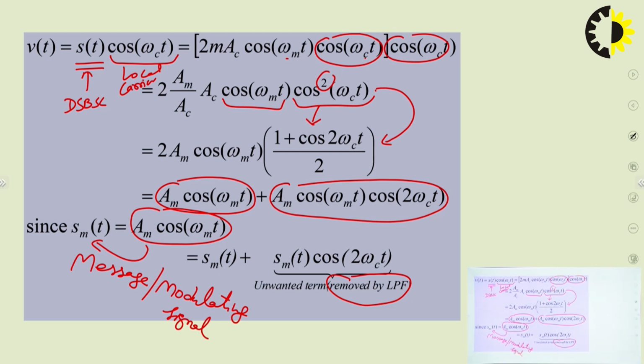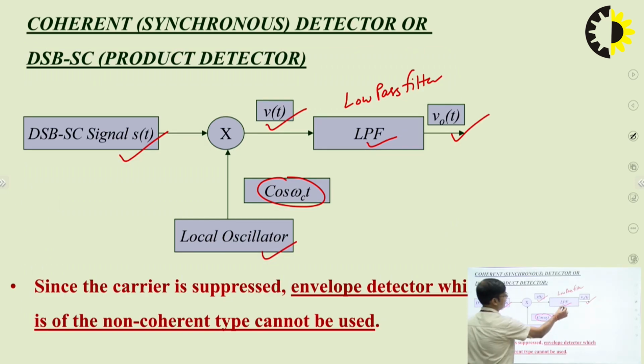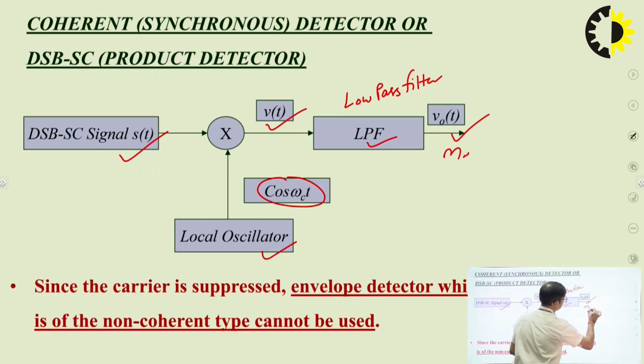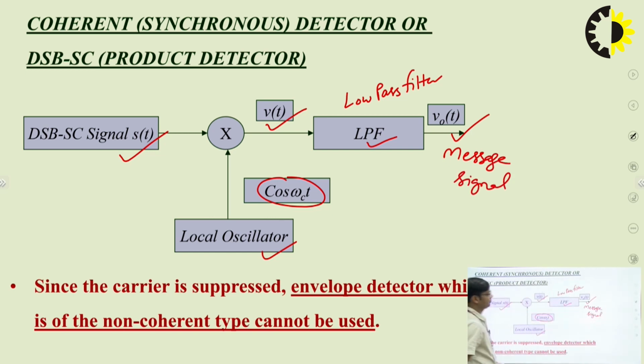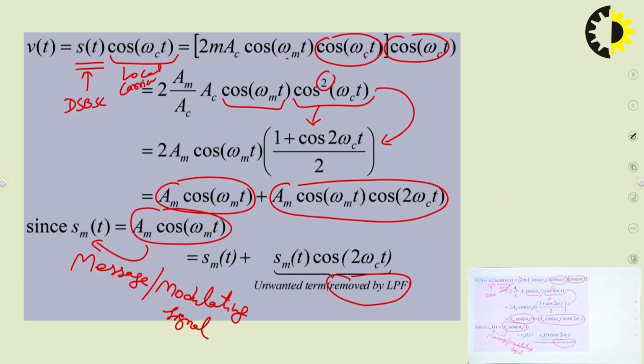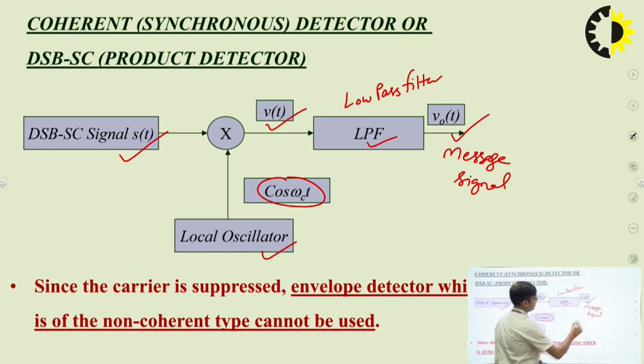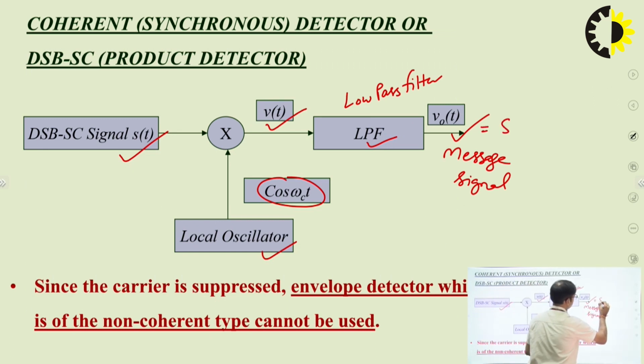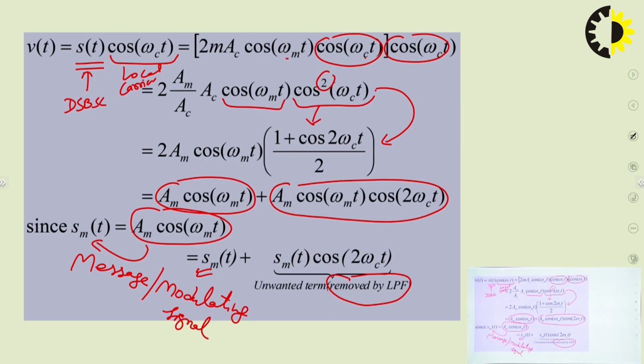So at the output of this low pass filter, we get our message signal, and this message signal is sm(t). Okay.